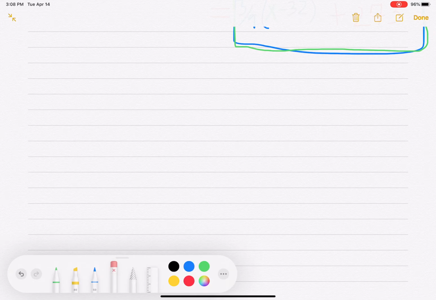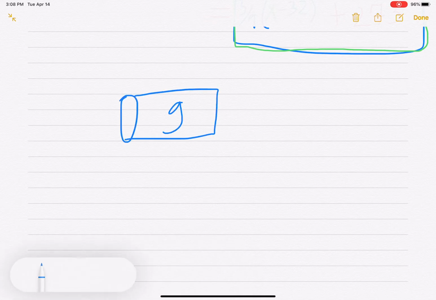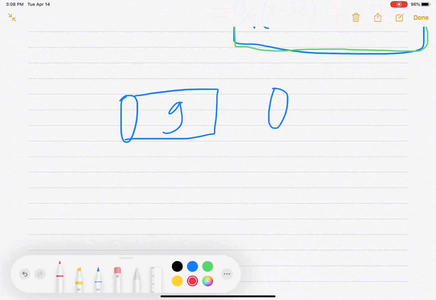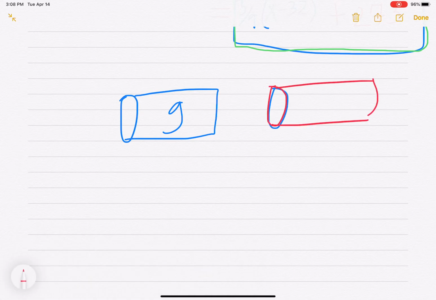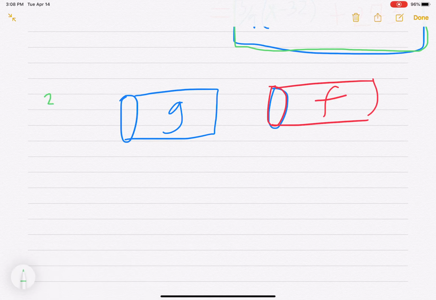So you got these two functions, right? You got your blue function. Your red function. So you're taking an input, like 212, right?